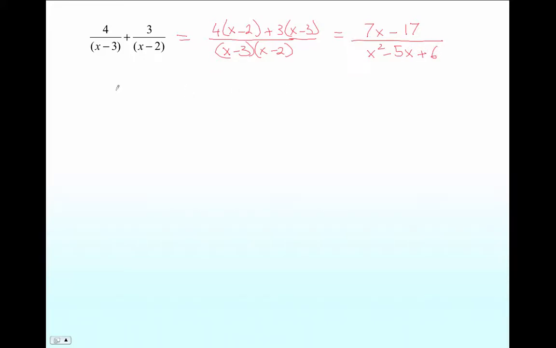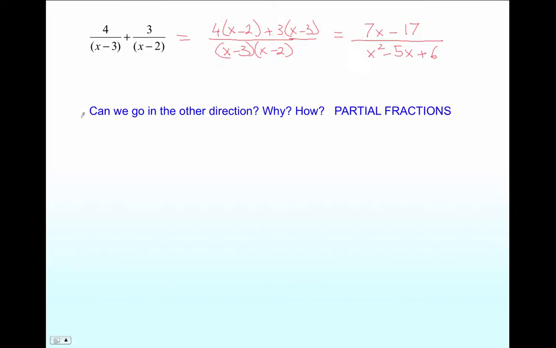So we've gone from something that's maybe a little simpler to something that's a little more complicated. Of course, they are exactly the same things, but now let's ask, can we work backwards? Can we go in the other direction? Why would you want to do that?